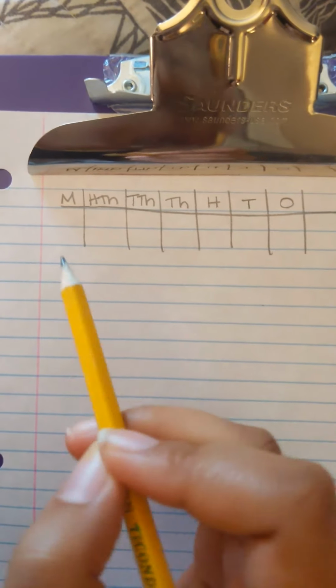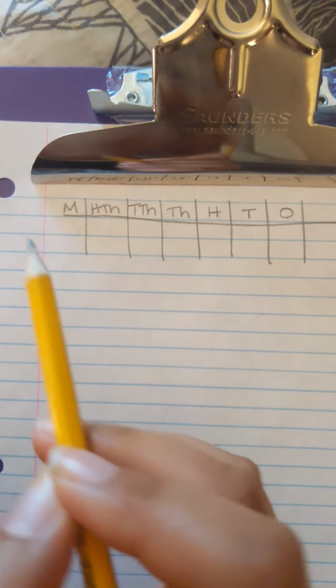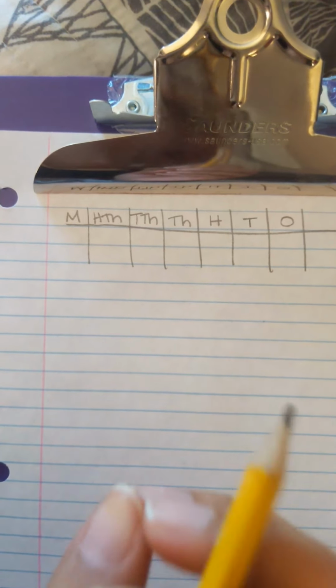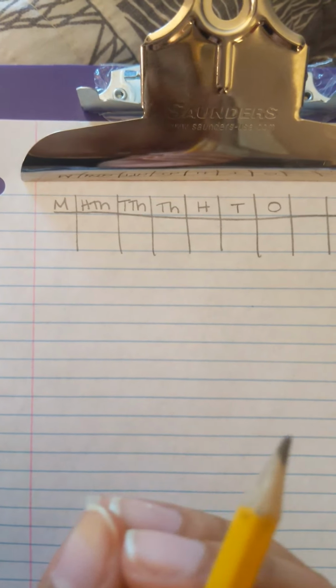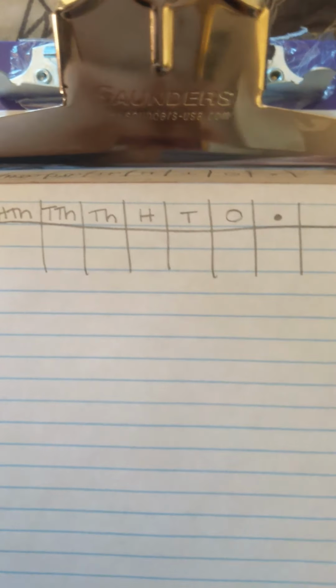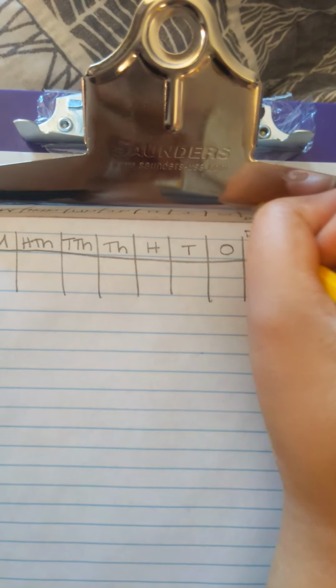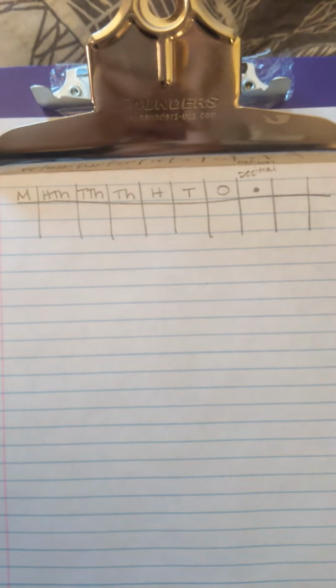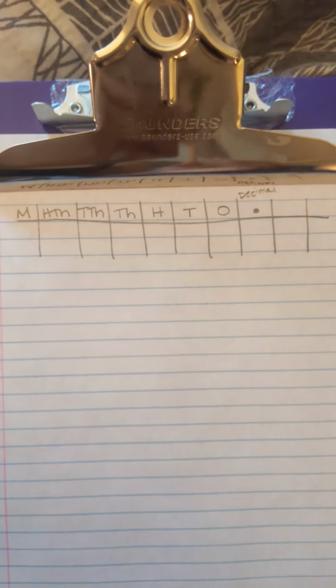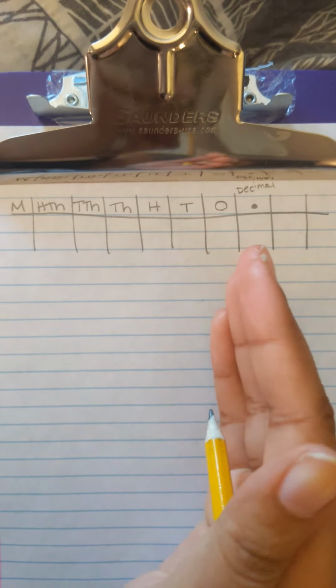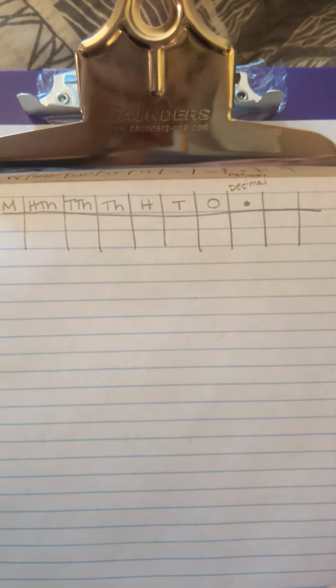We've done the place value chart where we have made numbers bigger. Now we're going to talk about numbers that are less than 1. So we're going to add a piece to our place value chart. I'm going to add a decimal, and that is going to help us to understand the place value of numbers that are less than 1.